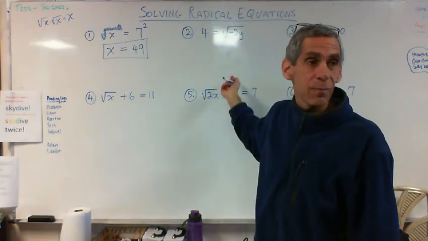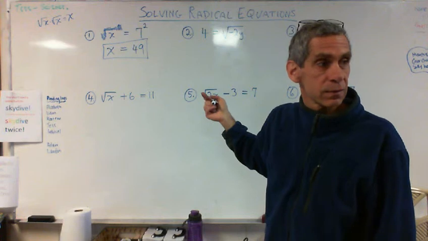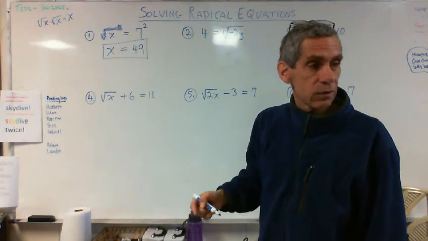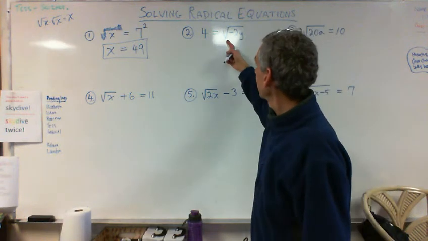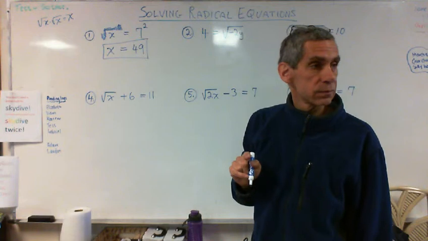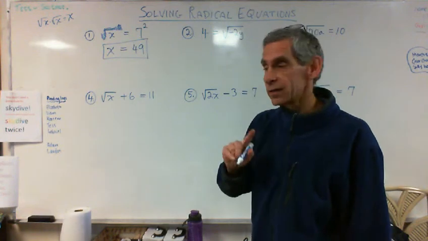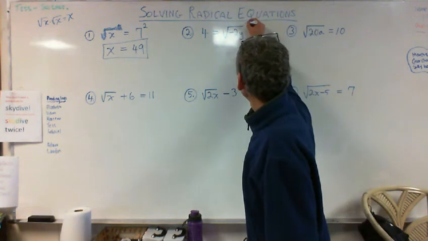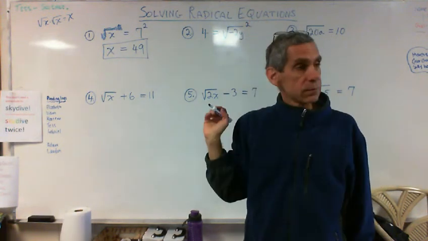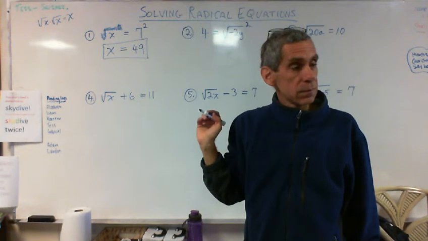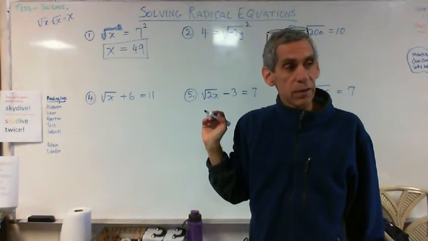All right, same concept in this one. It looks like a nightmare, sort of. So Domenica, what would you do? You've got to get rid of this square root sign. So we're going to square this. What's the rule in algebra that says whatever you do to one side of the equation, you have to do to the other?